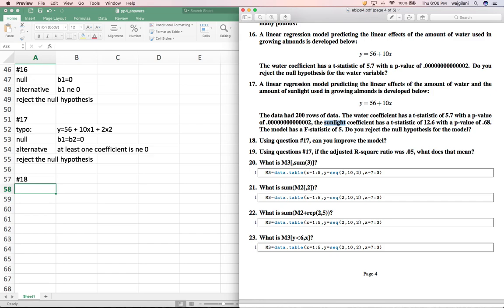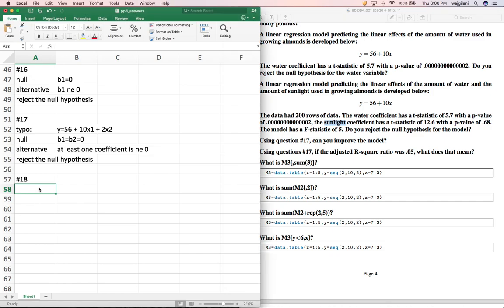So the assumption that its true coefficient value is 0, we can't reject that because we don't have any data to say not to be skeptical about it. So we fail to reject that null hypothesis. And therefore, can we improve the model? Yeah, we're going to rerun that model, but we're going to drop that coefficient.